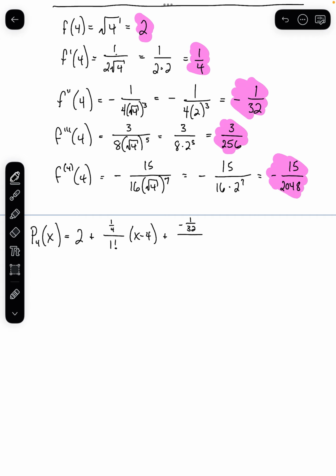Plus f double prime of 4 over 2 factorial times x minus 4 squared, plus f triple prime of 4 over 3 factorial times x minus 4 cubed, plus negative 15 over 2048 over 4 factorial times x minus 4 to the 4th.